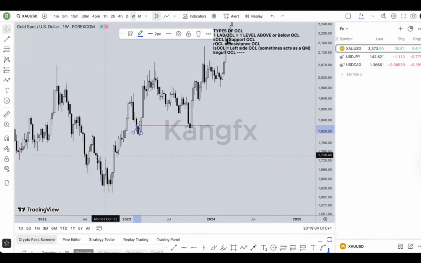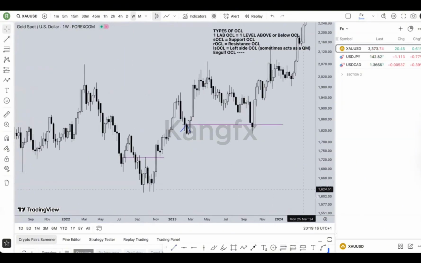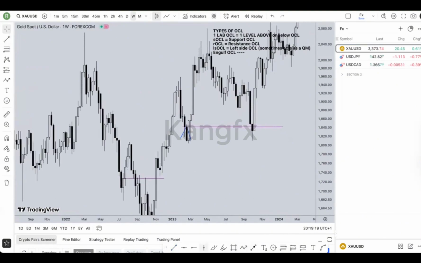Now we have another one here. This one was supposed to act as support, the market broke through it. It must be broken twice. It was broken, came back, and broke again. At this point, when the market came back, it was supposed to act as resistance, but it broke again.